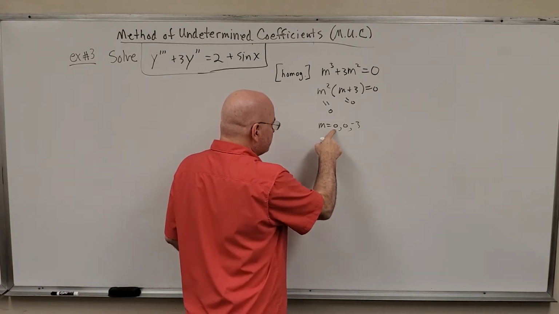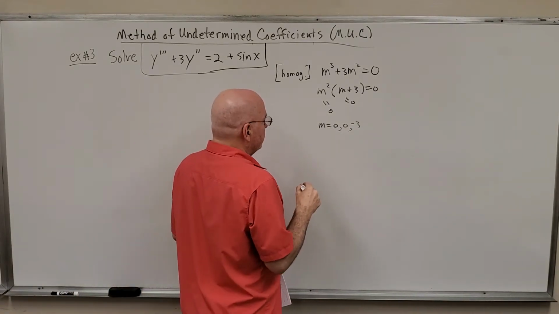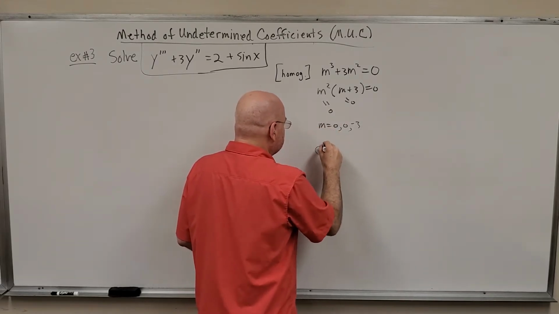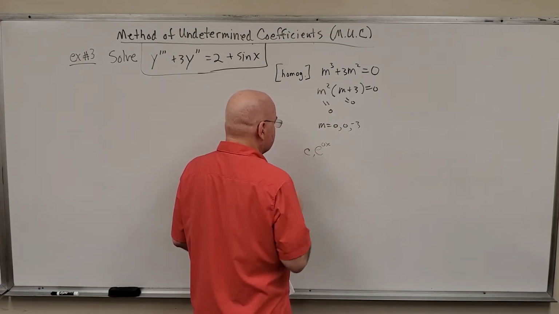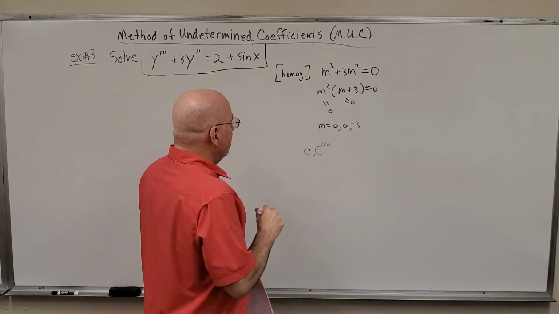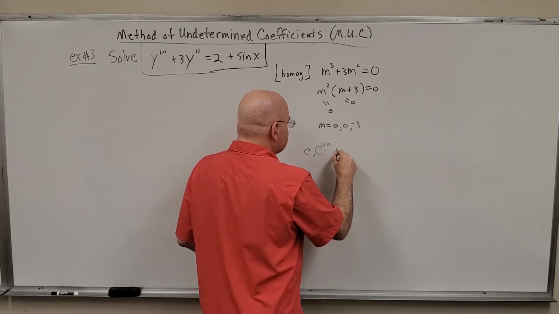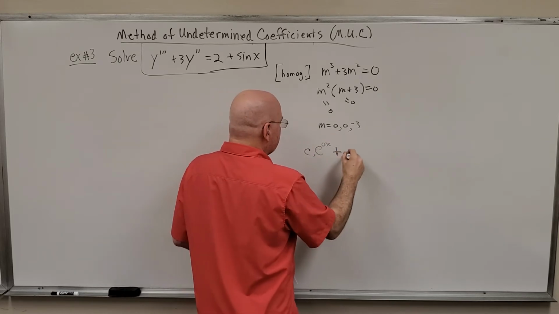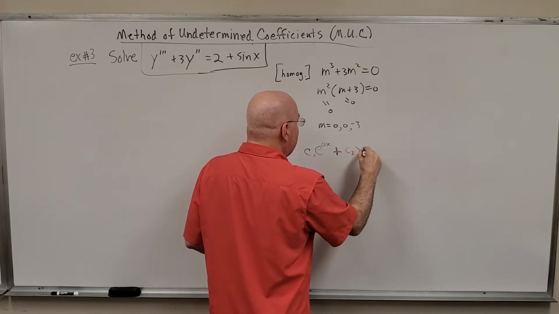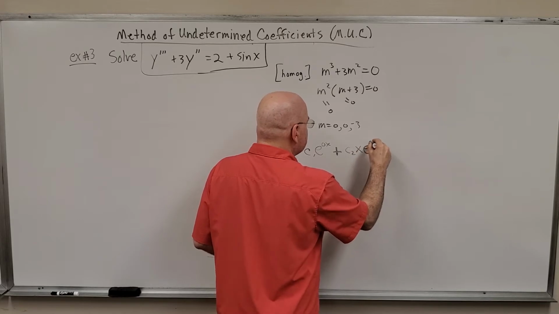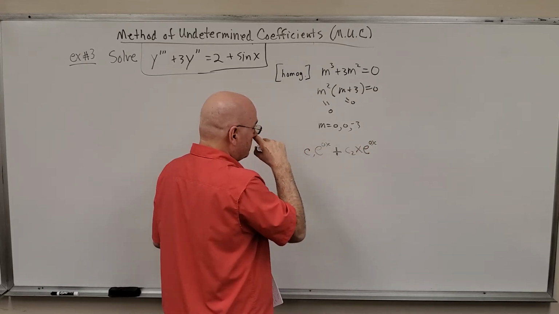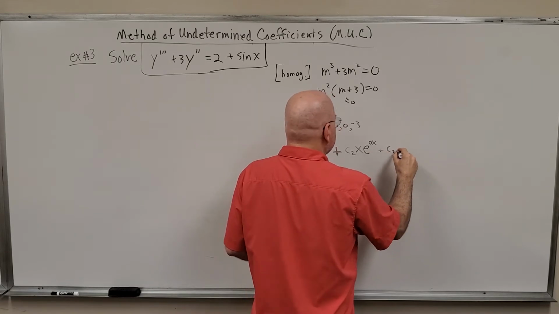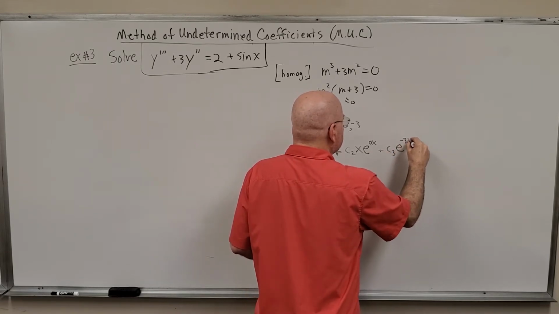If 0 were unique, it would be e to the 0x times some constant out front. But it's not unique, so then we need to do c2 x e to the 0x. And then for the distinct one, we get plus c3 e to the negative 3x.